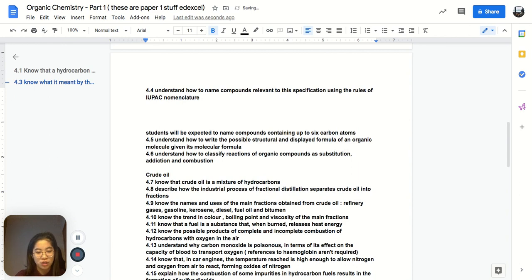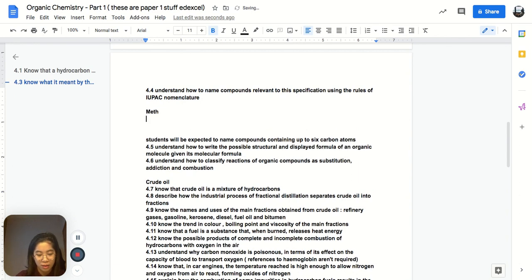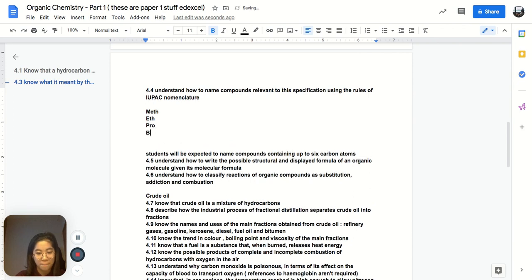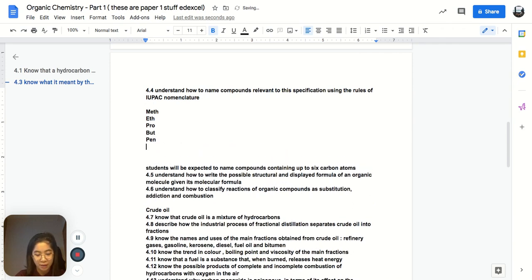The names: meth, eth, prop, but, pent, and hex.